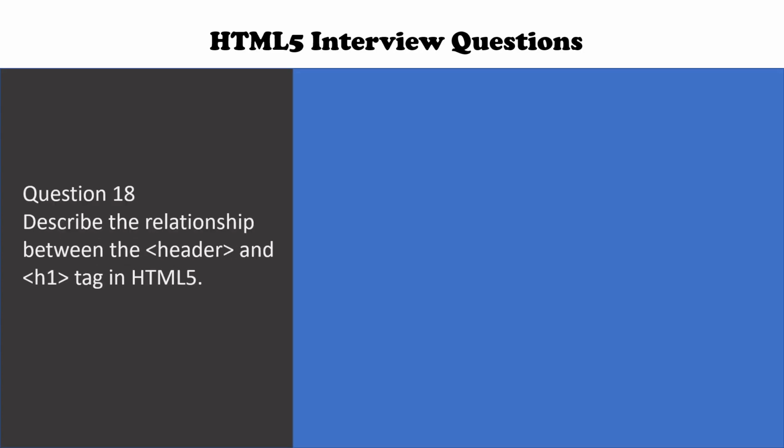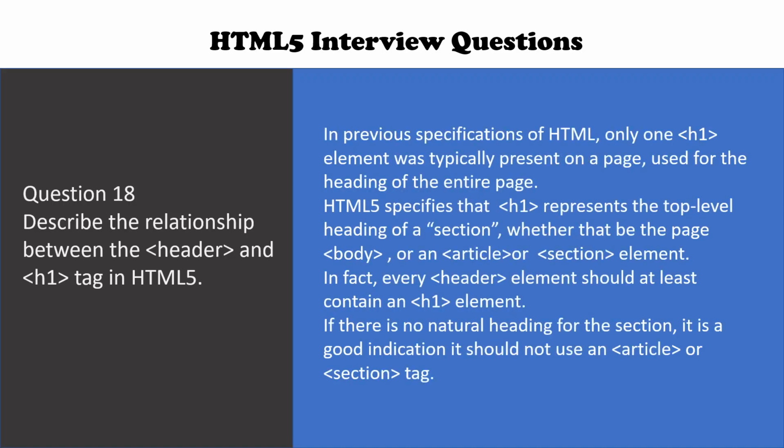Our next question is, describe the relationship between header tag and h1 tag in HTML5. In previous specifications of HTML, only one h1 tag element was typically present on a page, which is used for the heading of the entire page.